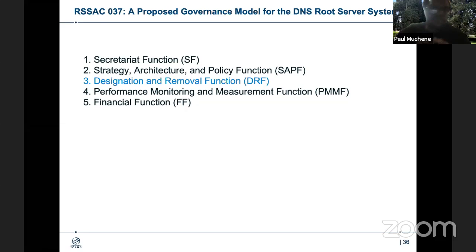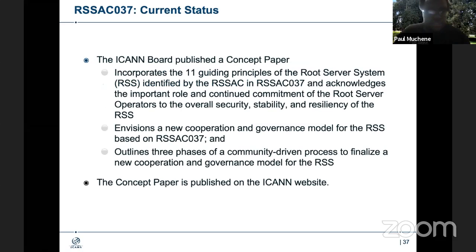So I would like to mention this has not been implemented yet. This is a proposal or a proposition. It is still being discussed. And as I mentioned, the ICANN board published a concept paper that interpreted what the RSAC 037 is.